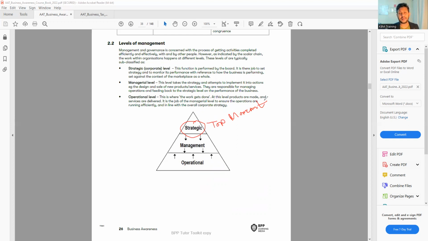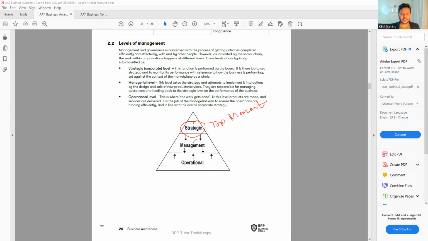A strategic plan is a plan made for the business for at least 4 to 5 years, for the long run. For example, where do you want to see your business after 5 years? So who will make the plan for that? The strategic people. These are very experienced people, the top level people, who sit at that level. They are the people who make the long run decisions for the company.